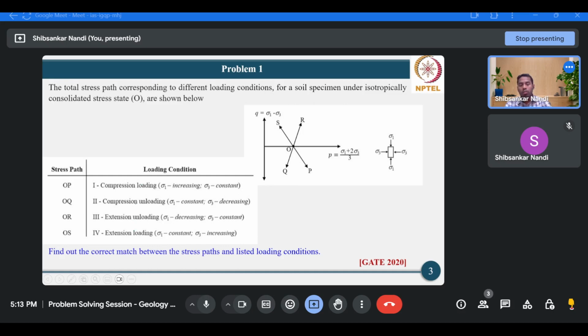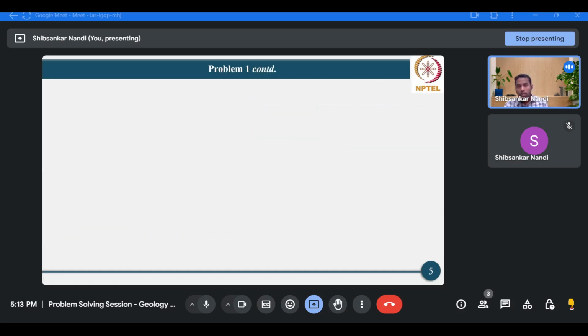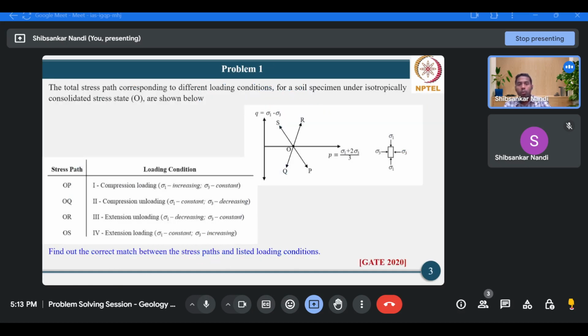Before that, please keep in mind that all the soil specimens are isotropically consolidated, up to this point O, which represents the isotropic consolidation.